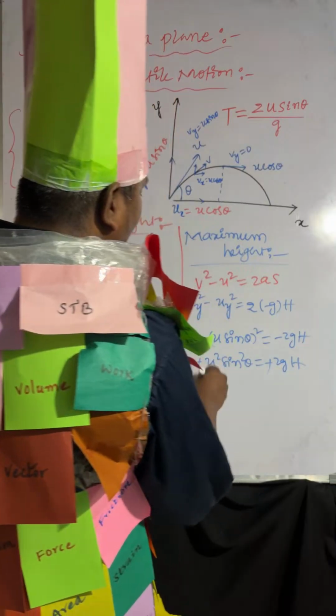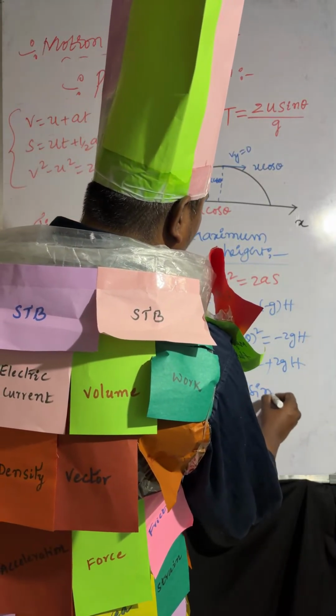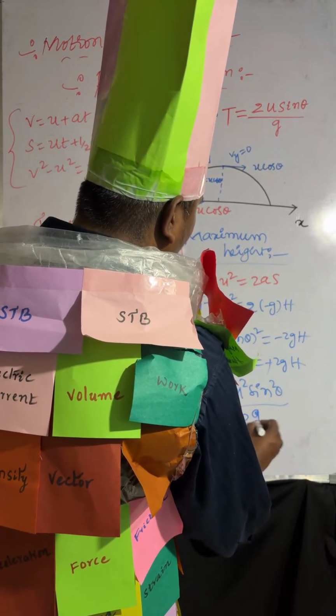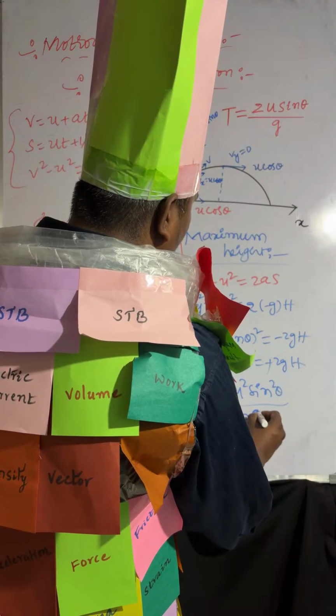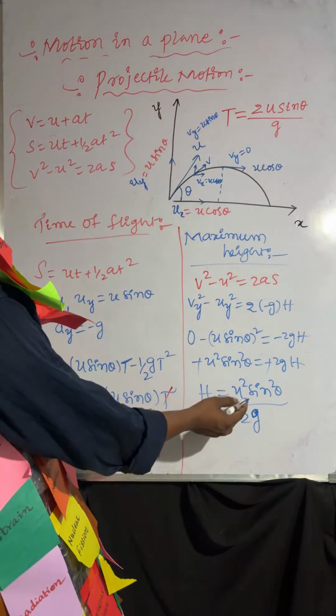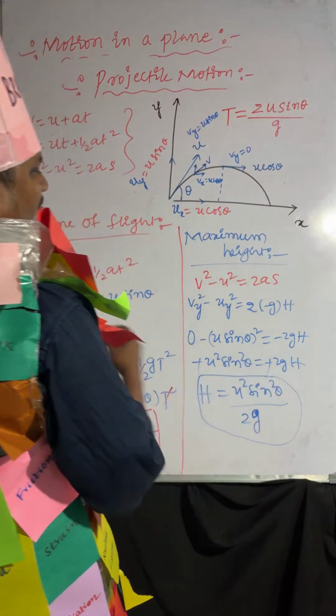Minus minus get cancelled. H equal to u square sin square theta by 2g. So very, very important. Understood or not?